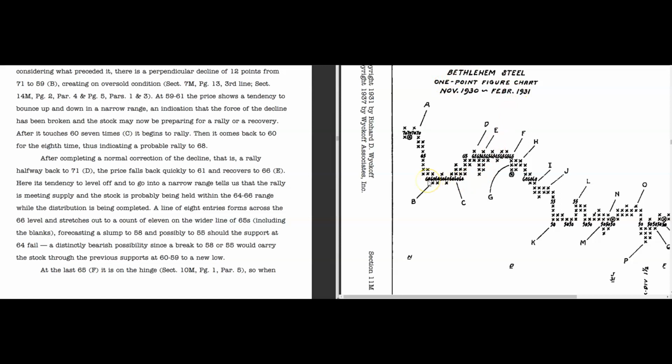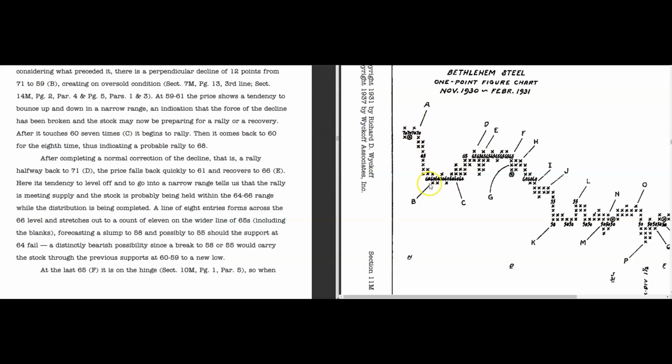The point is, over here at B, you had 1, 2, 3, 4, 5, 6, 7, 8. You have 8, but you count from the low. What is the low? It's right here. You can count from the low and the line above, by the way. But remember, this is a pullback after a rally down.